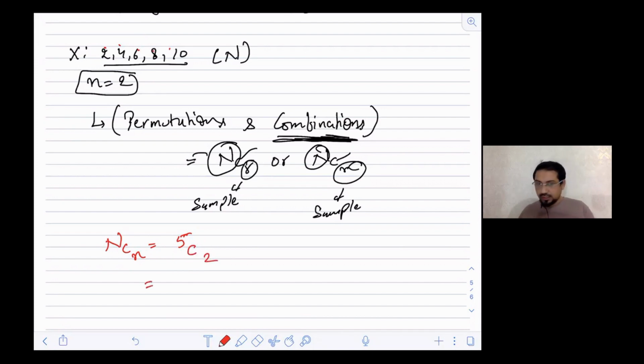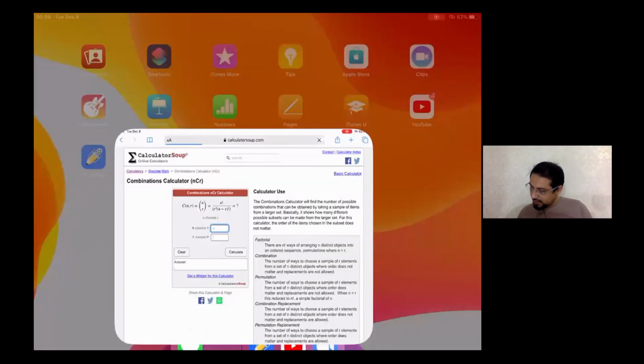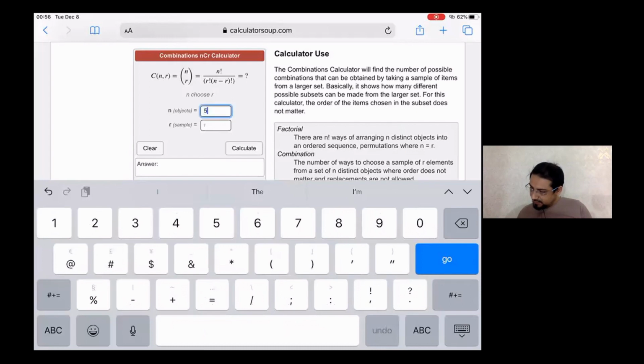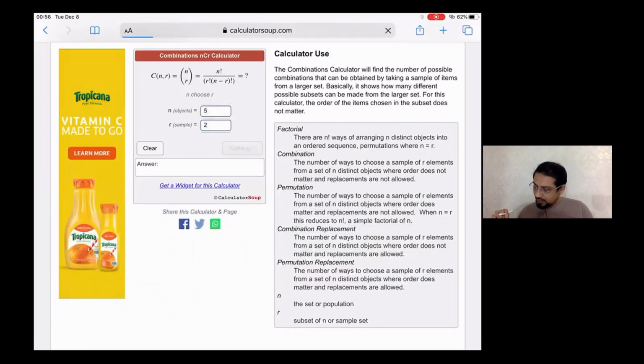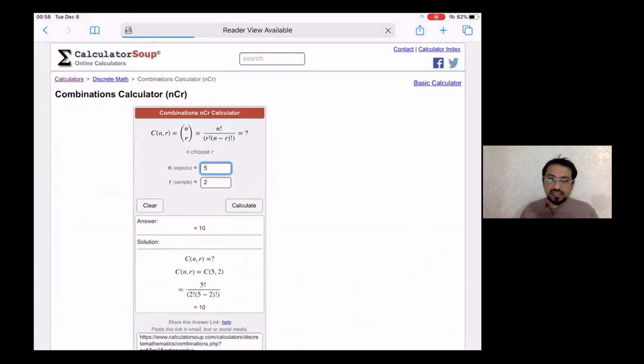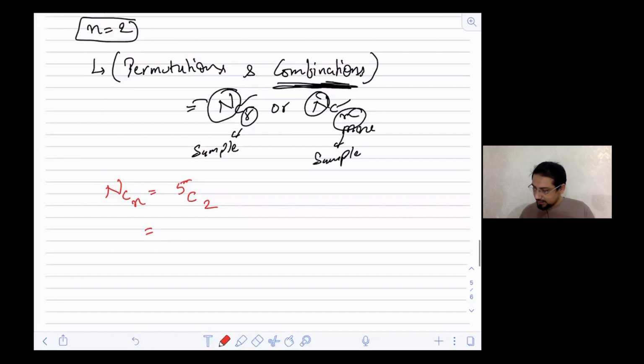Now let's go to the internet, where the formula is already available. I'm going to write here that n is 5, the objects, and r means sample, so the sample size is 2. If I calculate on screen, you can see that the answer is 10, which means 10 possible samples, with the help of the formula.